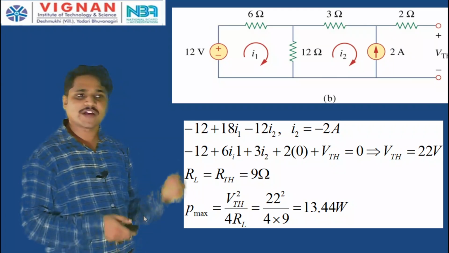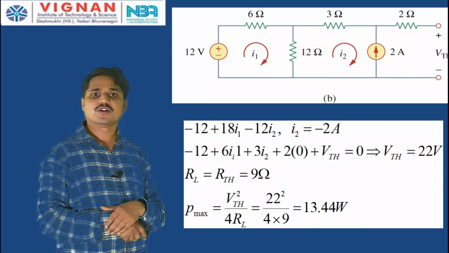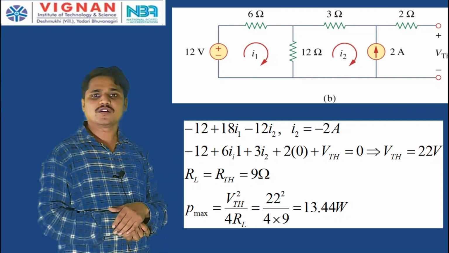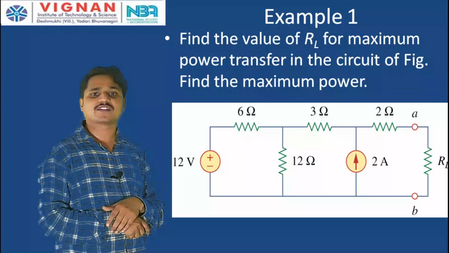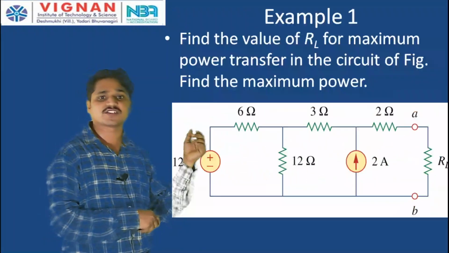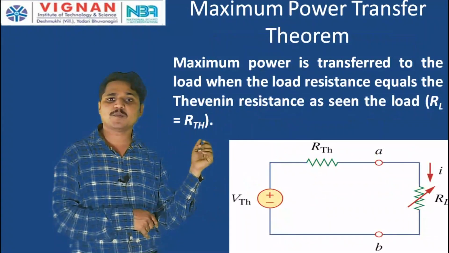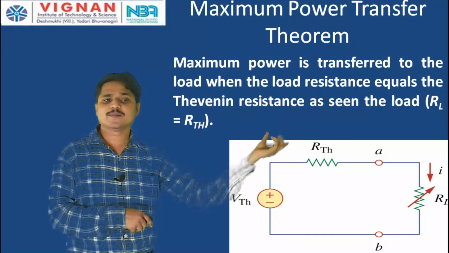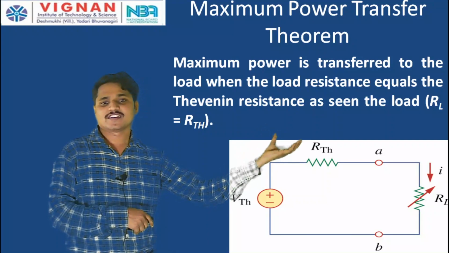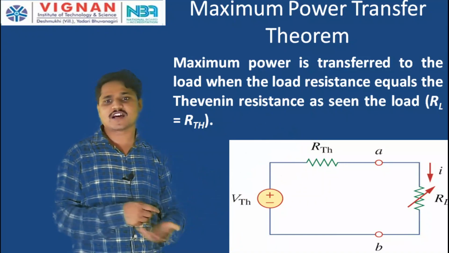Also, whenever this maximum power is transferred from the source to the load, how much voltage will appear across the Thevenin resistance? 50% of the voltage, because R Thevenin and RL are equal.